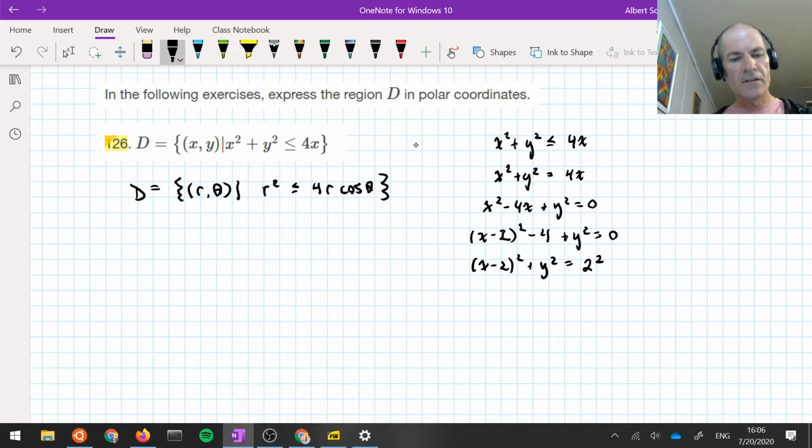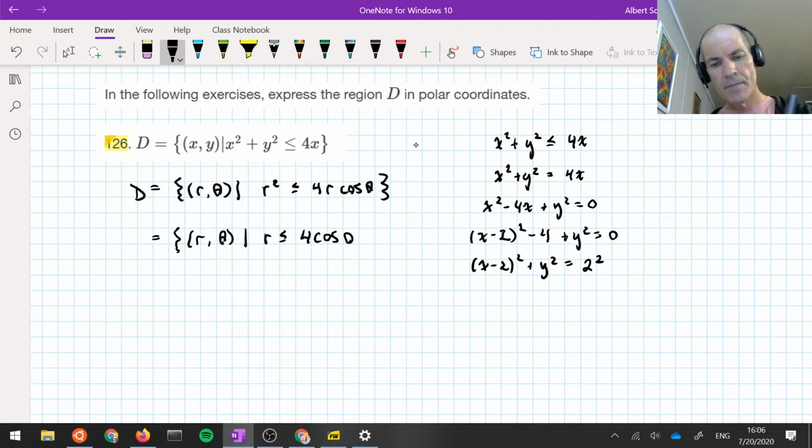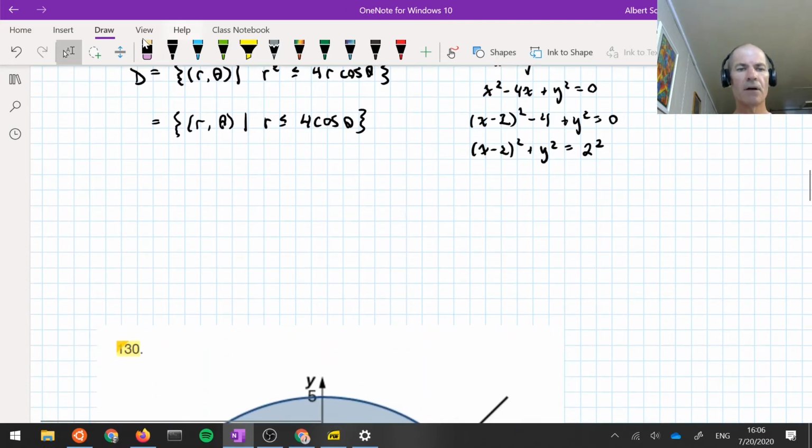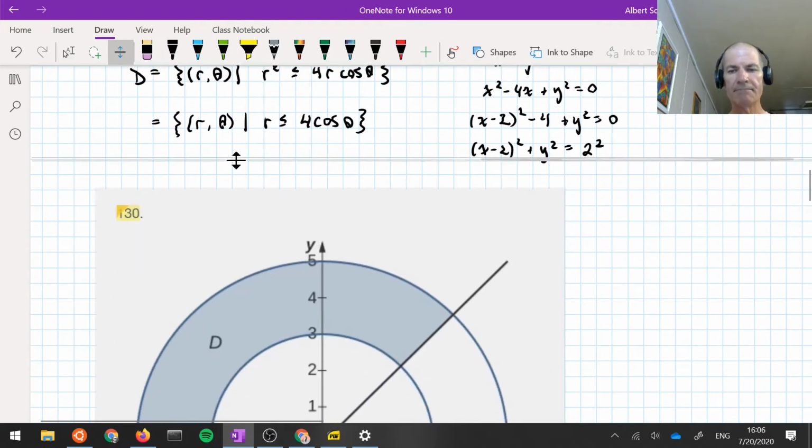We can simplify this expression a wee bit, and the condition becomes r less than or equal to 4 cosine theta. All right, simple as that.